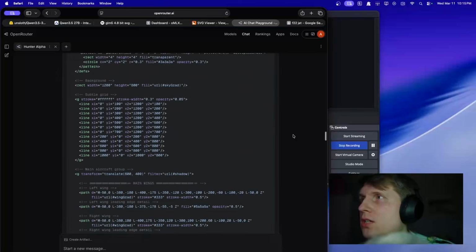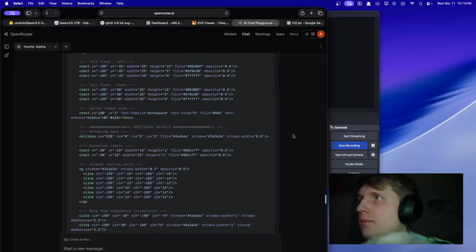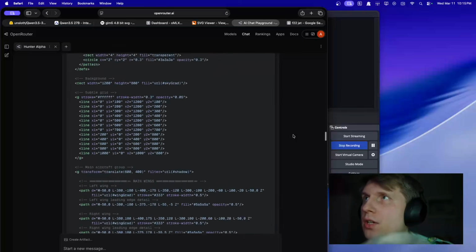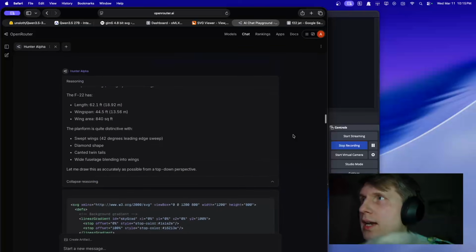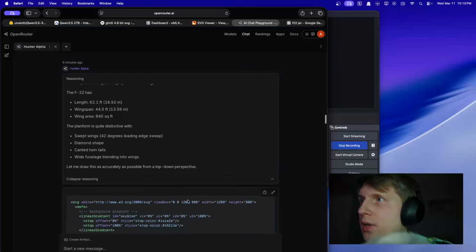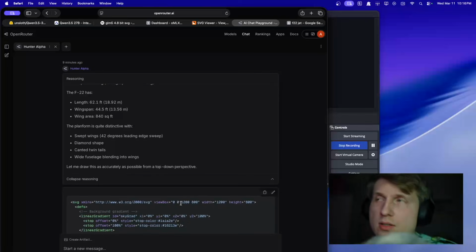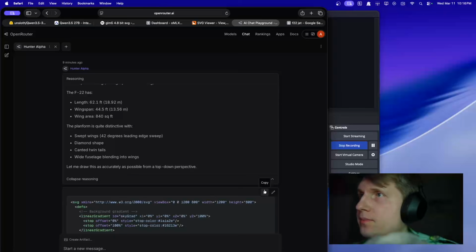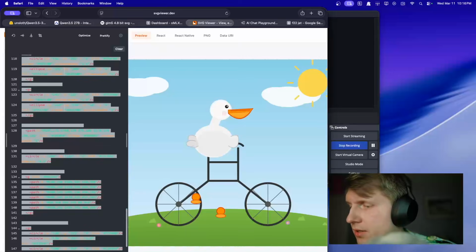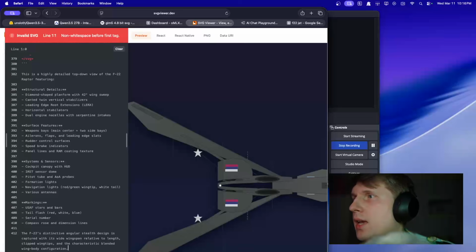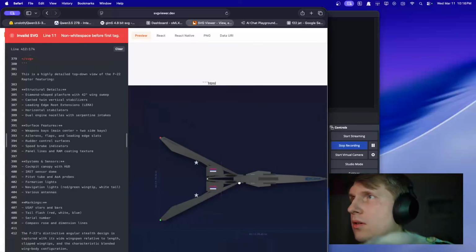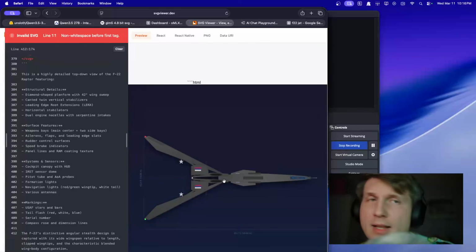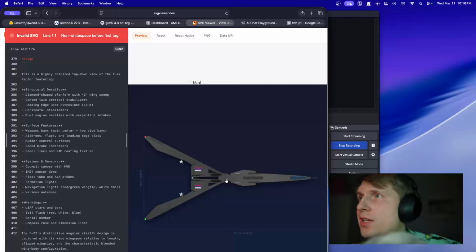So we're just going to look at the code quickly. Yeah, it's very long code, so it was actually doing something here. And we can also see the view box is 1200 by 800, so that should be quite detailed. Okay. Ooh. Okay, so this is interesting because it is not accurate, but it is very pretty.